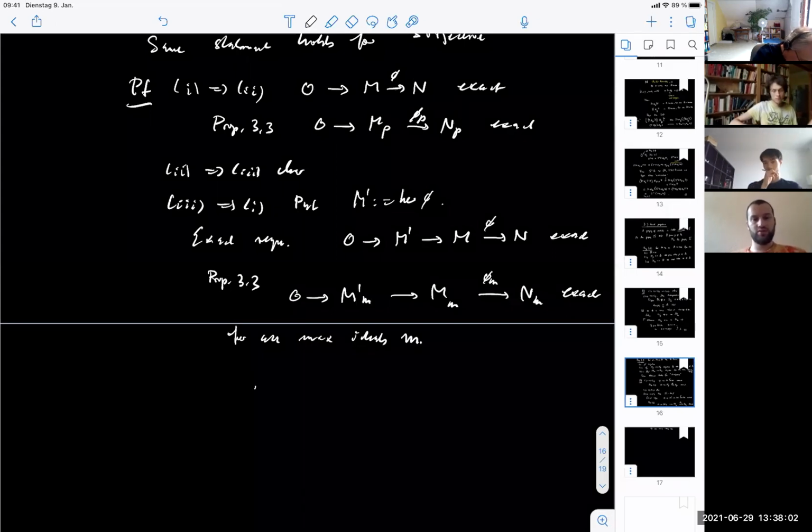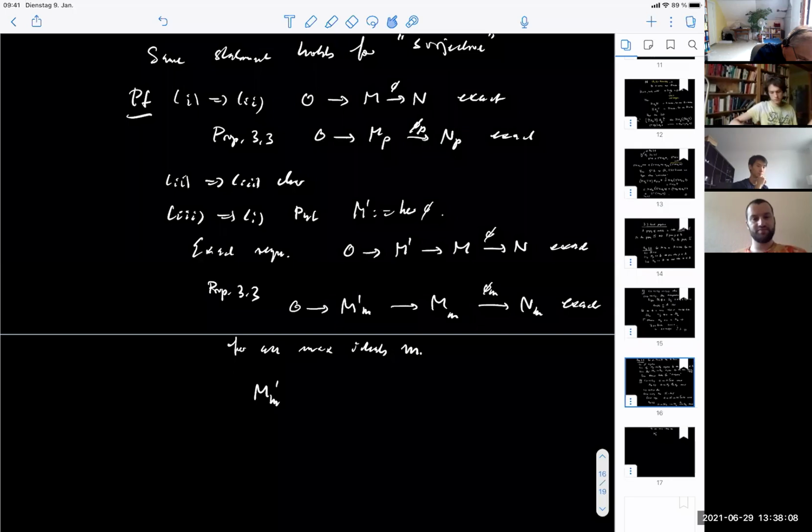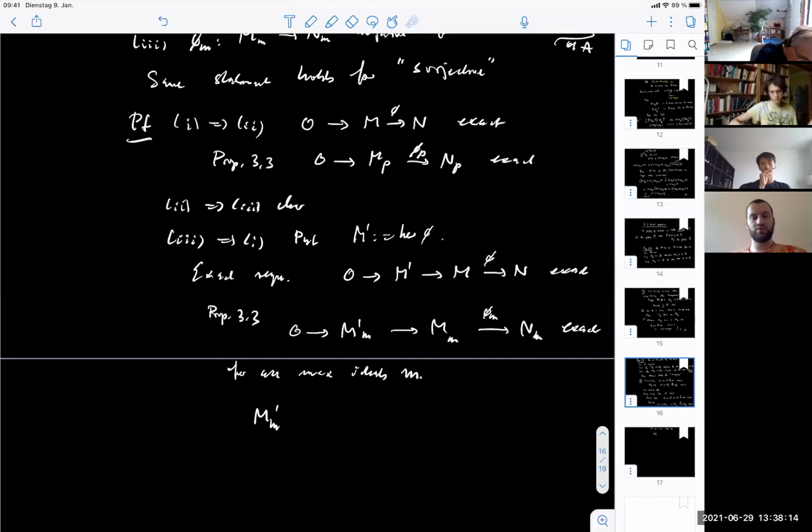If I look at this diagram, this map has a kernel, but the kernel is the image of this, and this is an inclusion. So the kernel of phi M is this.